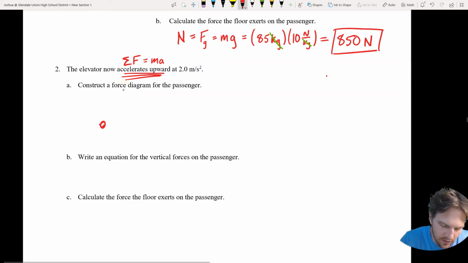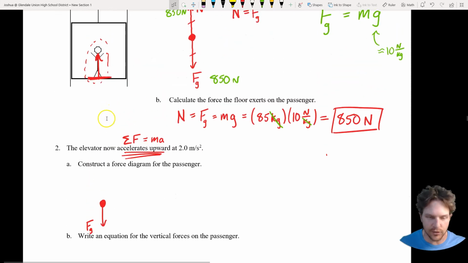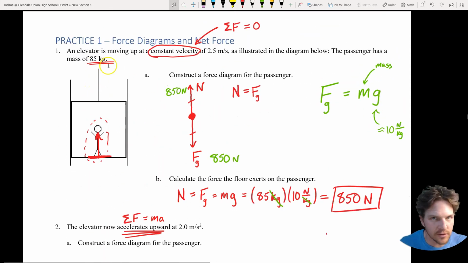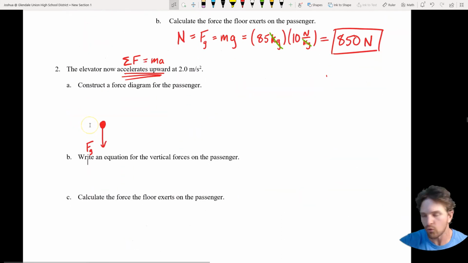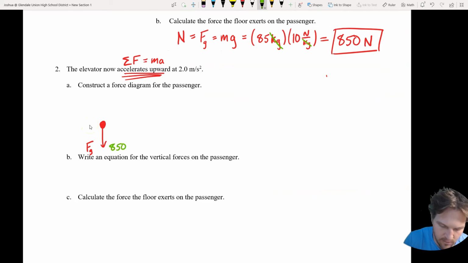Now, if they're accelerating up, I have this force of gravity, right? And it's the same person, so same mass. Now, their force of gravity, their weight, does not change at all throughout the course of this. So if they're 85 kilograms, then I know right away they have a force of gravity of 850 newtons.